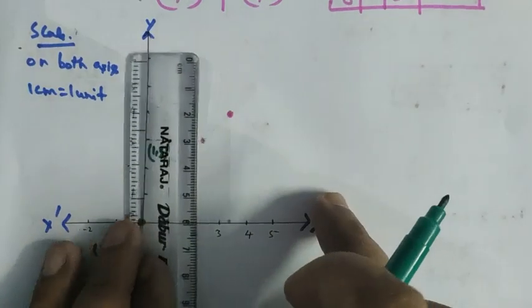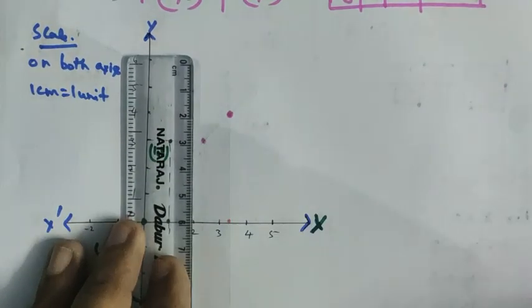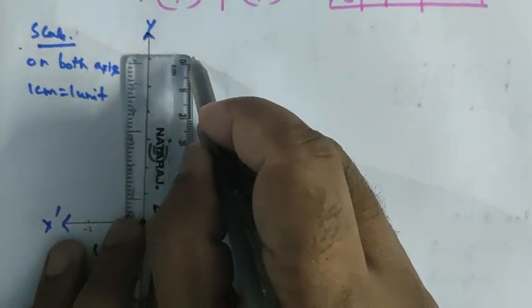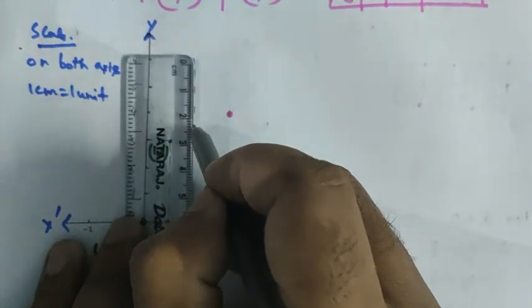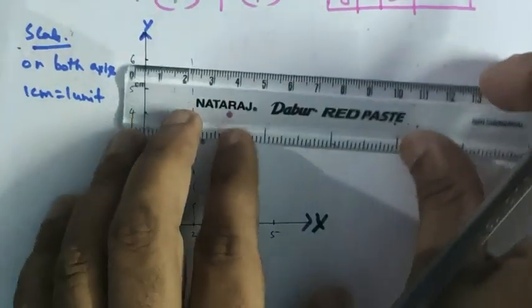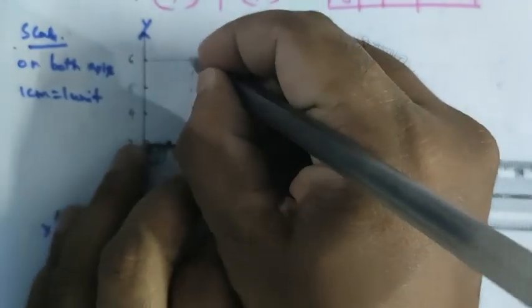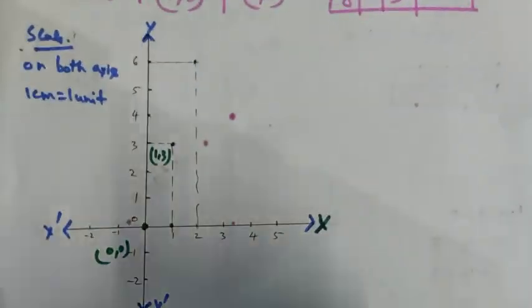So with the help of a ruler, again we will plot it. So 2 comma 6 will be, so this point will be 2 comma 6.